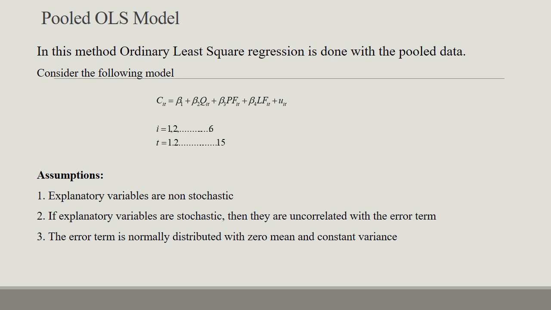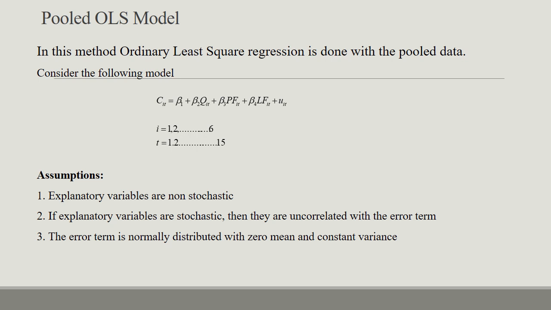Here I must mention some points with regard to the subscript. You know, for cross-section data, the subscript we normally use is i, and for time series we use t. Here in case of panel data we are combining both time series and cross section. That's why we have used C_it. i is representing the cross section and t the time series.